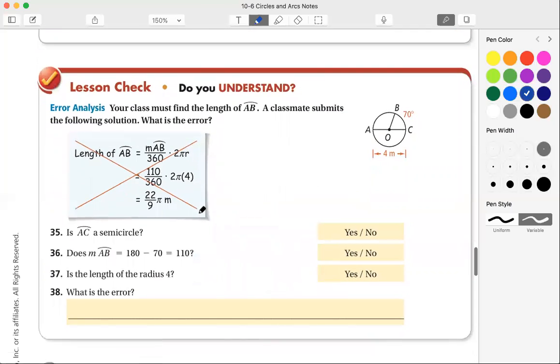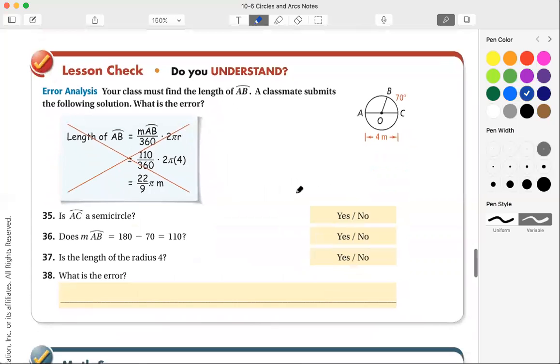Okay, so what happened here? So my classmate attempted to find the length of arc AB. All righty then, so it looks like they messed up here. Okay, so is AC a semicircle? Yes. Does the measure of AB equal 180 minus 70, equal 110? Yes. Is the length of the radius 4? No. So what's the area?